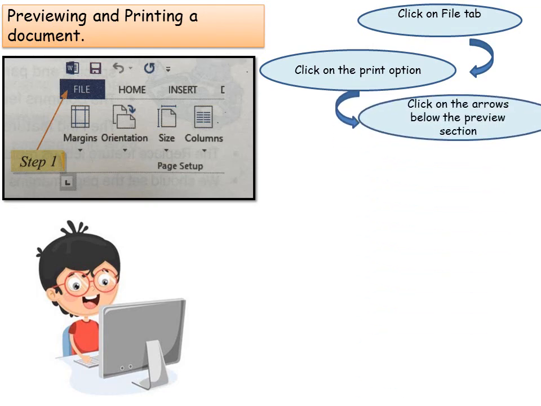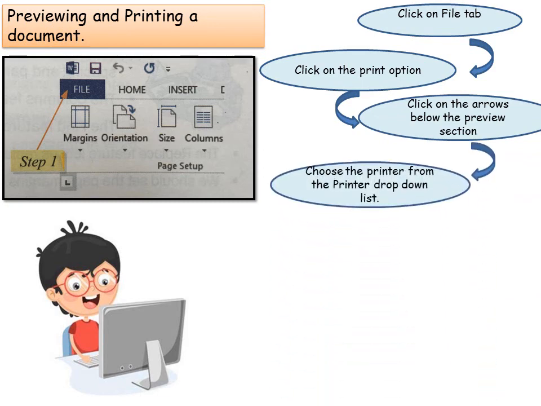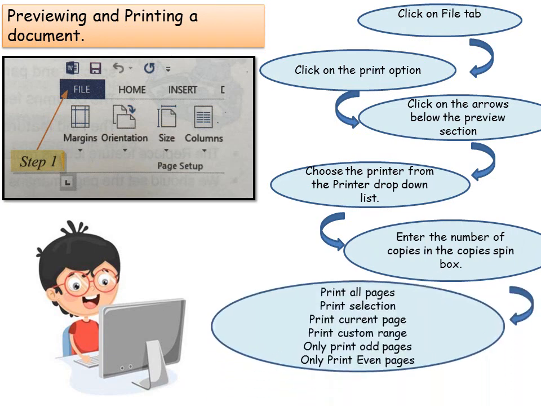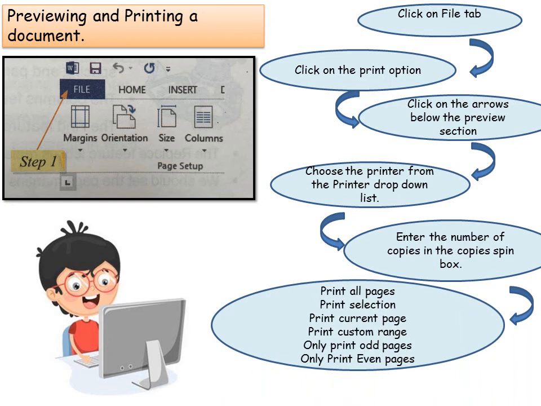Next, click on the arrows below the Preview section. Then, choose the printer from the Printer drop-down list. Next, enter the number of copies in the Copies spin box and print all pages, print selection, print current page, print custom range, print odd pages only, or print even pages only.